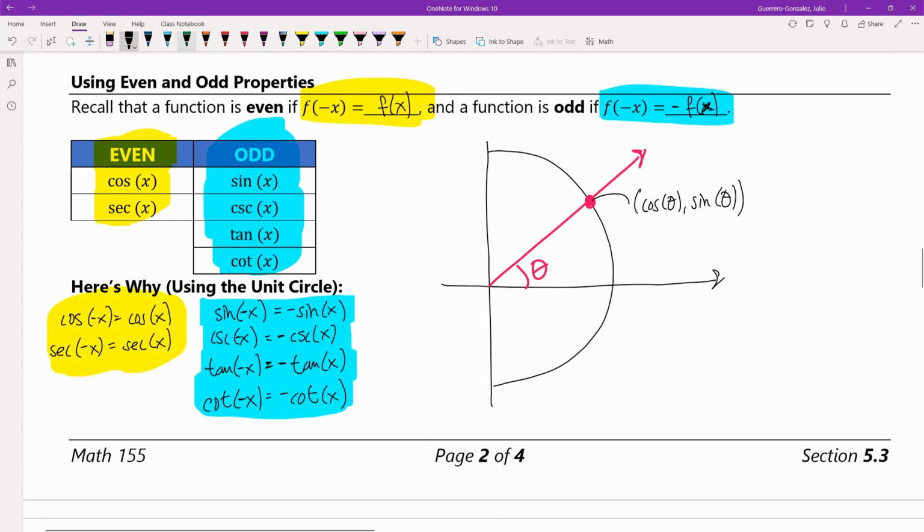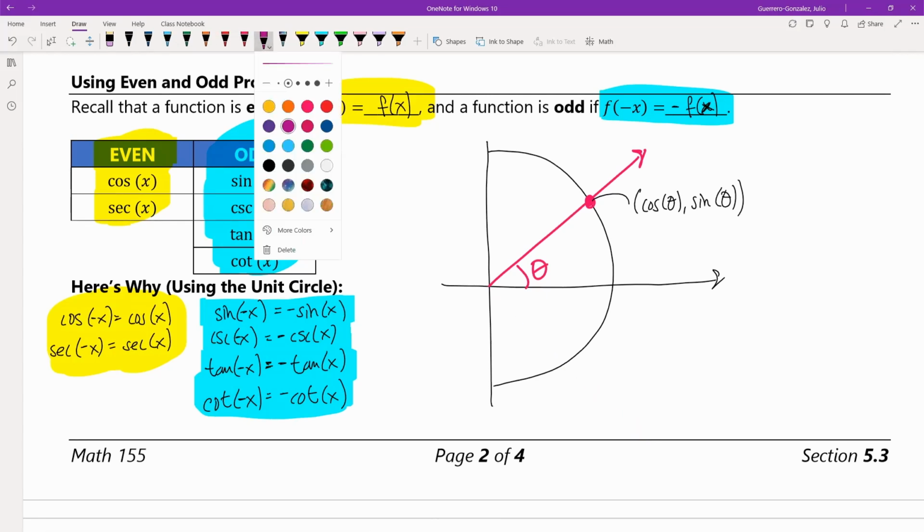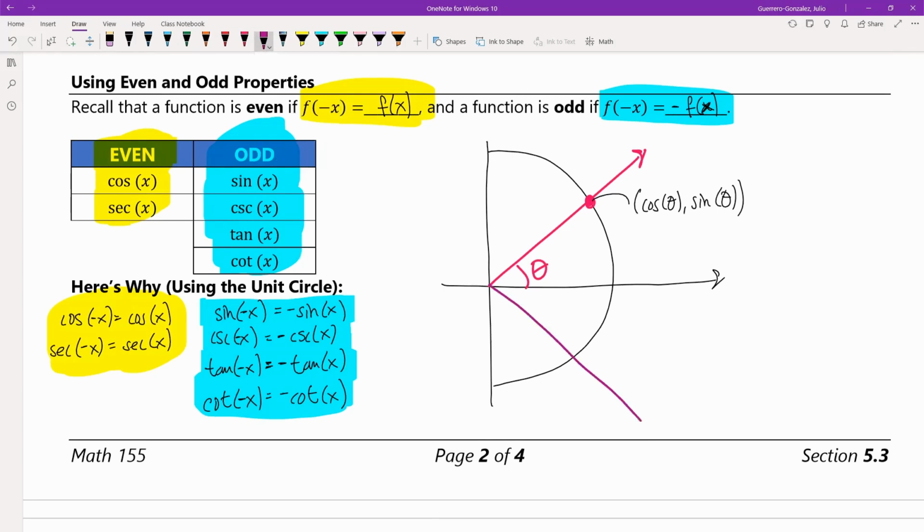Okay. Do the exact same thing, but we go downward this time. Let me make that a little thicker. Bam. There we go. Let's say now we went down that same amount theta. Correct? This also has a coordinate.